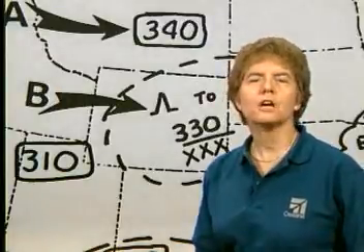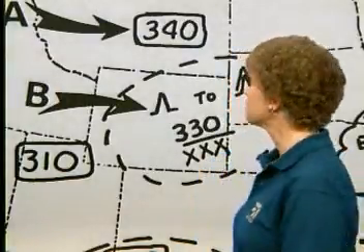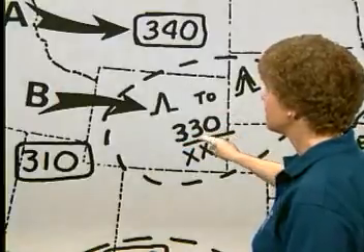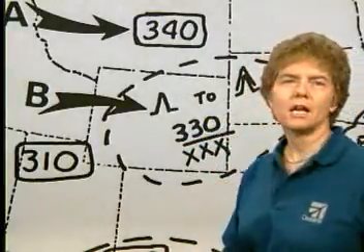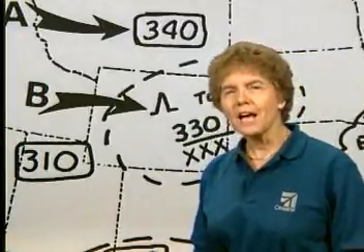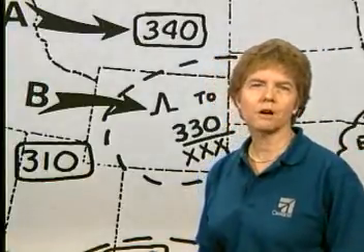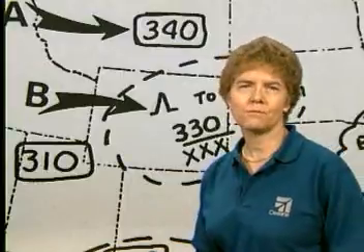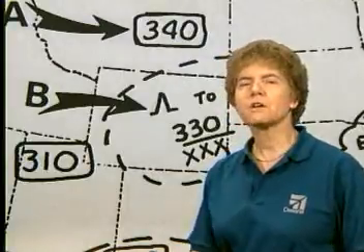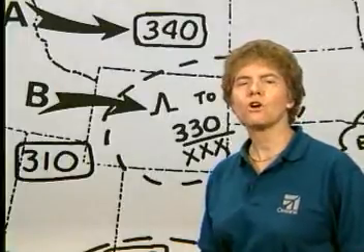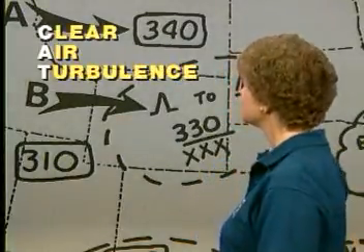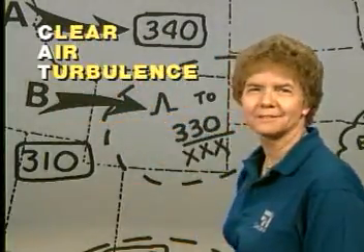In this case, you have moderate to severe turbulence going up to 33,000 feet. Now, the X's below the line indicate that the base of the turbulence actually goes below the lowest level covered by the chart, which is 24,000 feet. Now, since there are no indications of clouds with this turbulence, it's called clear air turbulence, or CAT.